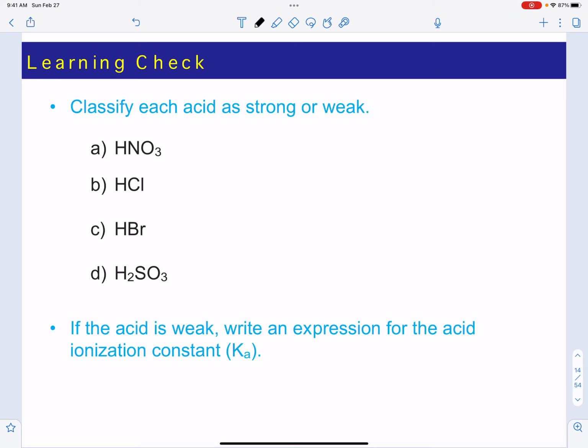So this is the easiest part. We are not even using equilibrium constants on this one. What we're using is memorization or your notes because there's only 7 strong acids for general chemistry. Every other acid, and there's going to be thousands of them, are going to be weak. So here are the strong acids.